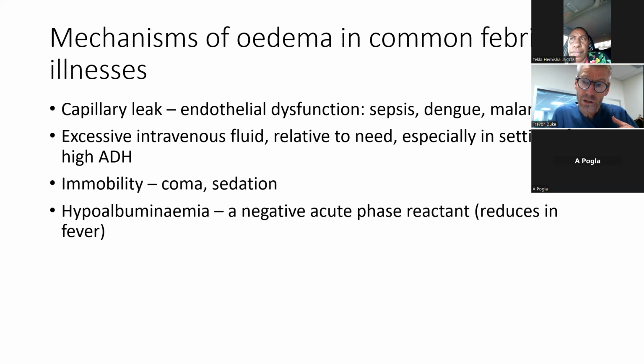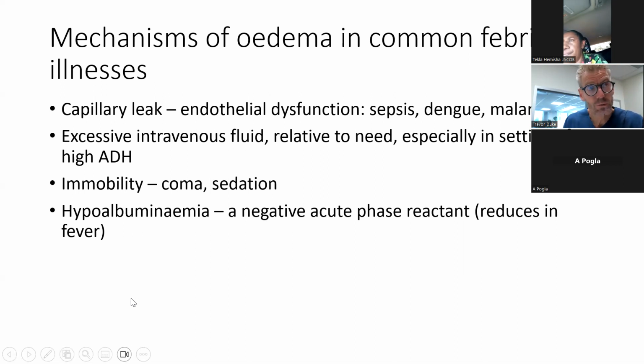So if you have a child who's got kwashiorkor and they've got a febrile illness, then their albumin level may be very, very low, and that just means that the blood vessels can't keep water inside, and the water leaks outside. The red cells and the white cells stay in the intravascular space, but plasma leaks out of the blood vessels into the interstitial fluid. So for all these reasons, edema can occur.